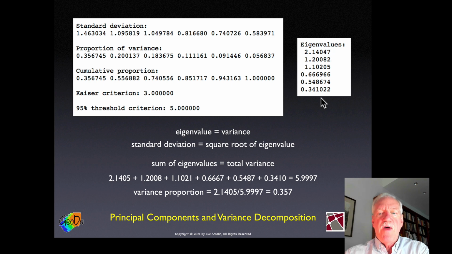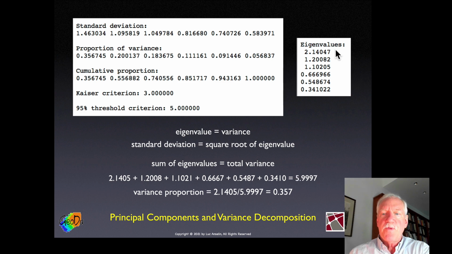The sum of the eigenvalues is the total variance in the system. Now think for a second what this total variance would be. Recall that the variables are all standardized, so they all have variance of 1. So if we have 6 variables, then the total variance in the system is 6. And in fact, except for rounding, this is 6.